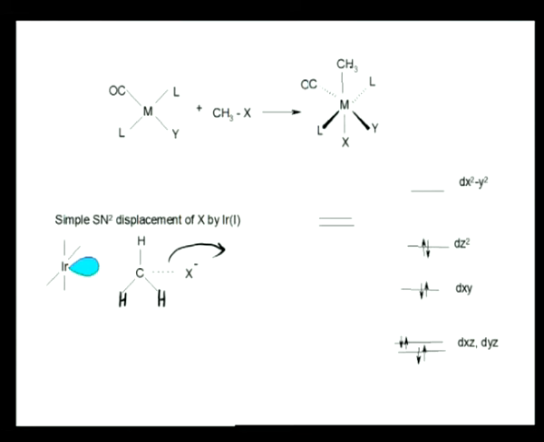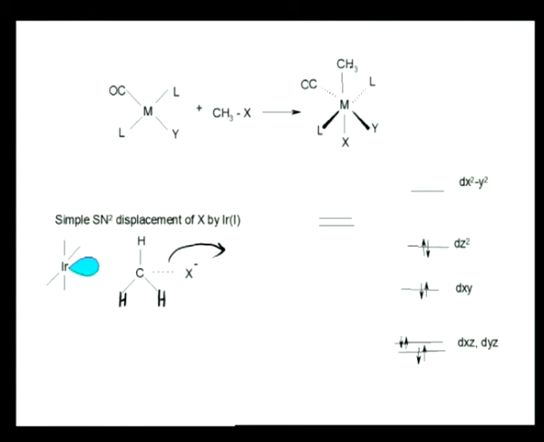Now, you might be wondering, how can you have a nucleophilic substitution by a metal complex? If you look at the electronic structure of the iridium atom, which is there in iridium 1, you find that it is a square planar geometry and it has 8 electrons in the d shell.